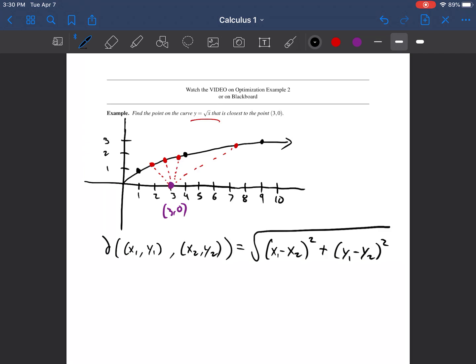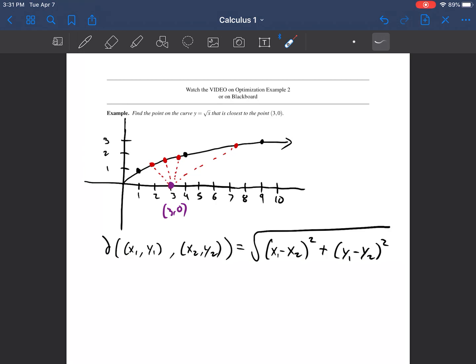This is something you would look up, or if it was on an exam, I would give it to you as a hint. This is the formula for the distance between 2 points (x1, y1) and (x2, y2), given by this formula right here.